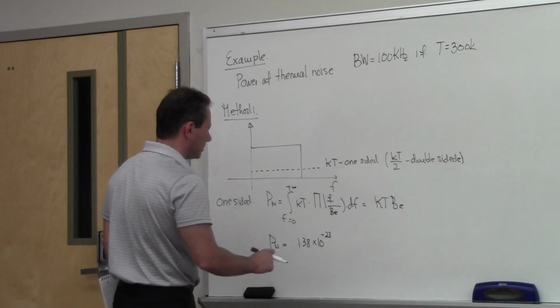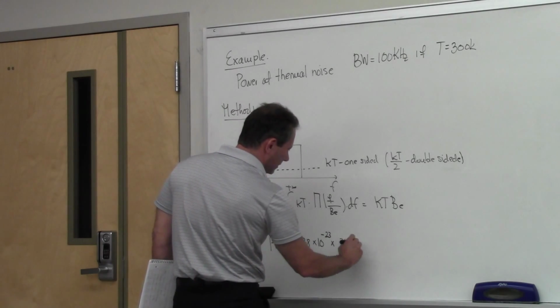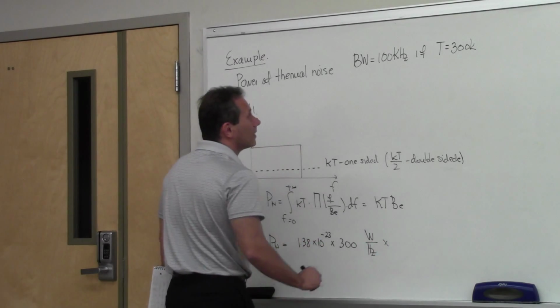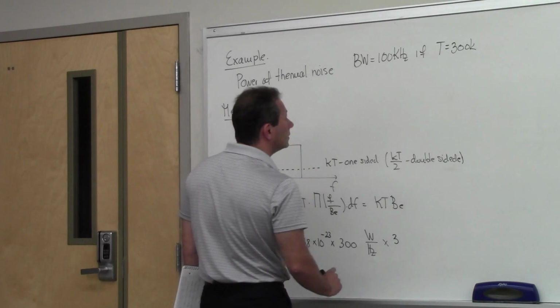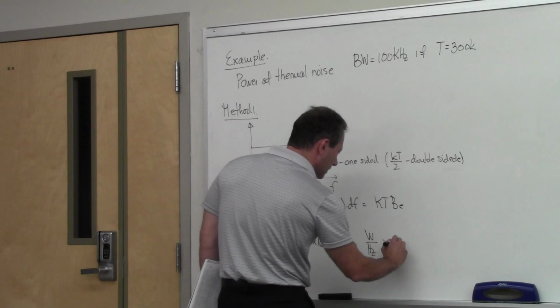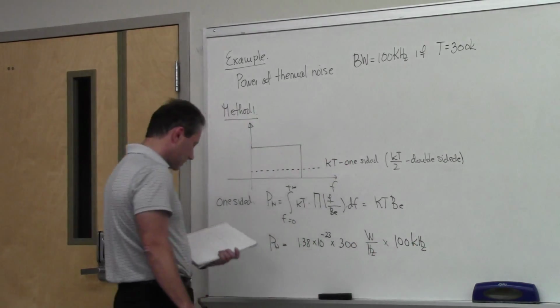KT is in watts per hertz, and then times 100 kilohertz. So that's how you would calculate it.